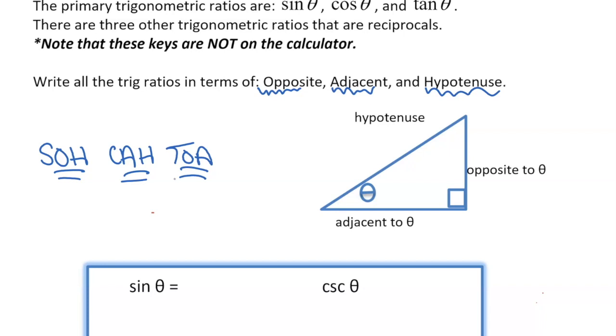So here you have a right angle triangle. Here's angle theta right there, and going opposite will be over here. Next door is adjacent, and then up top, the side that's farthest away from a right angle and the longest side is going to be our hypotenuse right there.